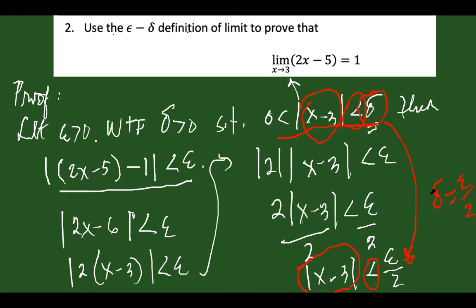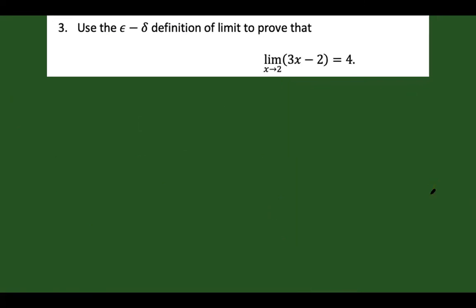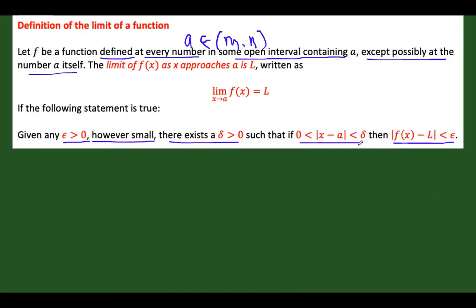Again, we're going back to the proof: for a given epsilon greater than 0, however small, there exists delta greater than 0, and we already found delta. Our delta is equal to epsilon over 2 in the given problem.